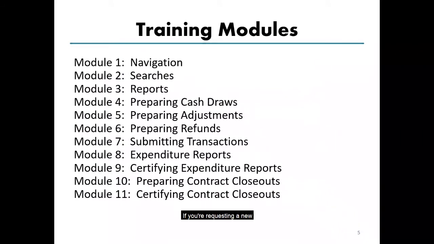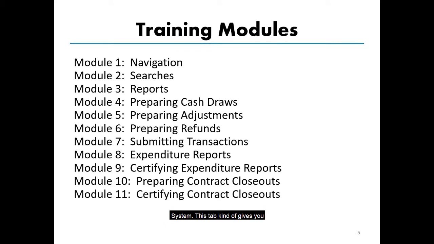If you're requesting a new account and you submit information from the previous page, you'll be given provisional access to the system. And what that means is you're really not able to do the things that you're going to need to do, such as initiating cash draws and reporting expenditures, until you've gone through the 11 training modules for the cash draw and expenditure reporting system.